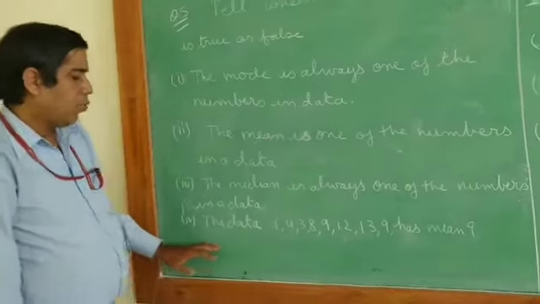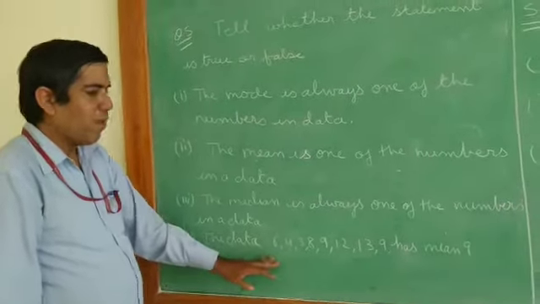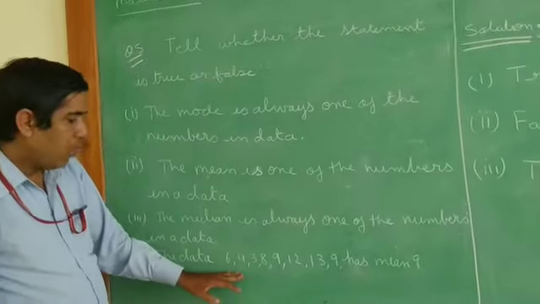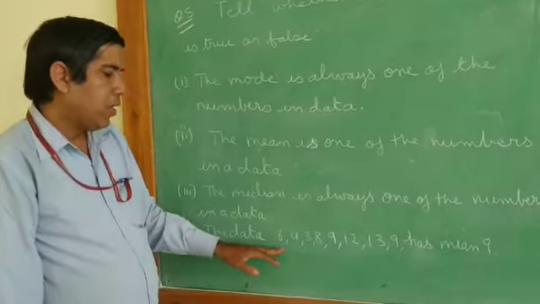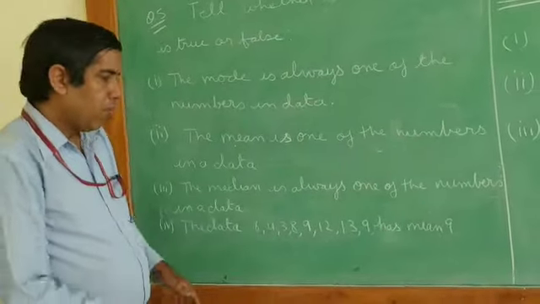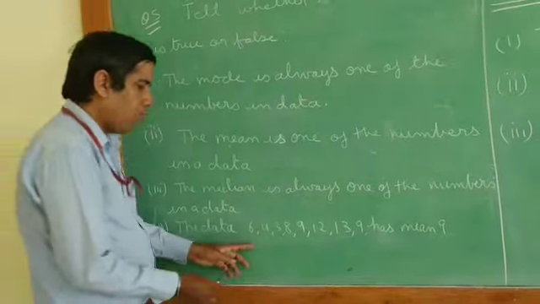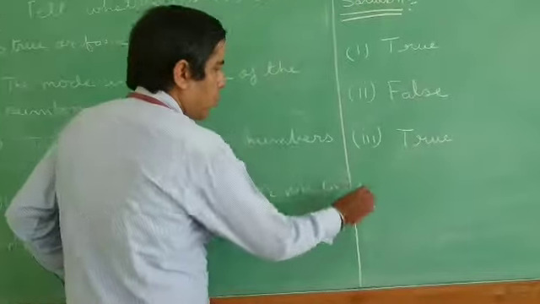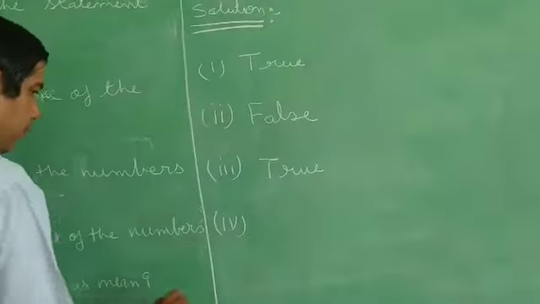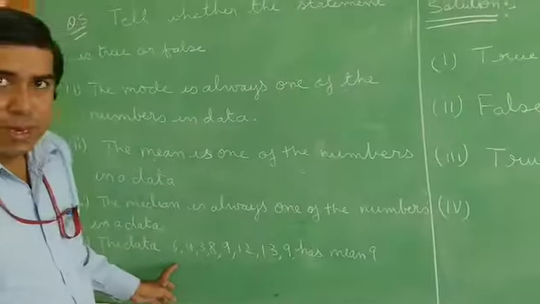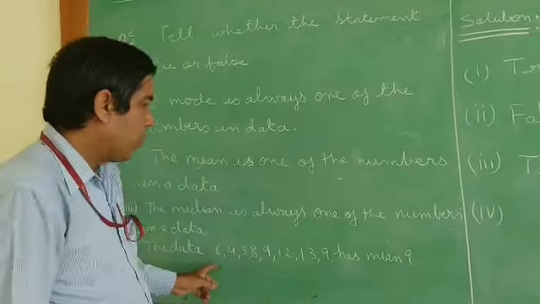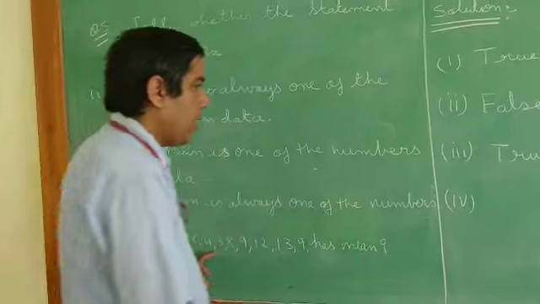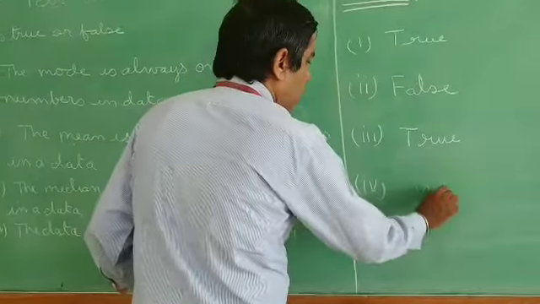Right. Now the data is given here. You have to find the mean. The mean of this number is given here as 9. So let me find out the sum of these numbers. Fourth part, I have to find the mean. So I am using the formula. I am adding all the numbers. So 6 plus 4, 10. I am writing 10, two-number addition, 10.